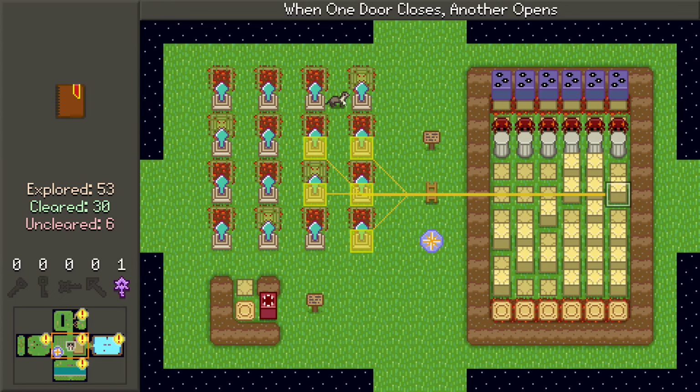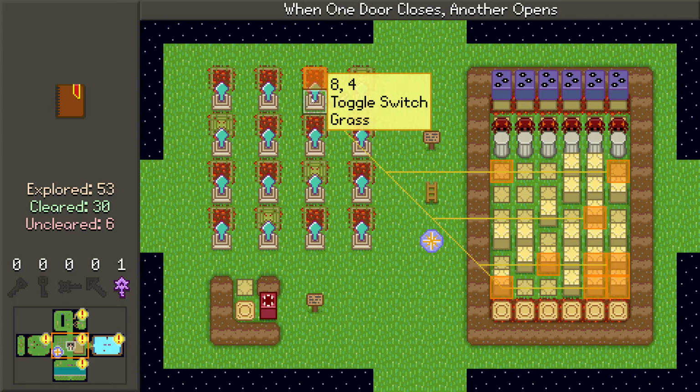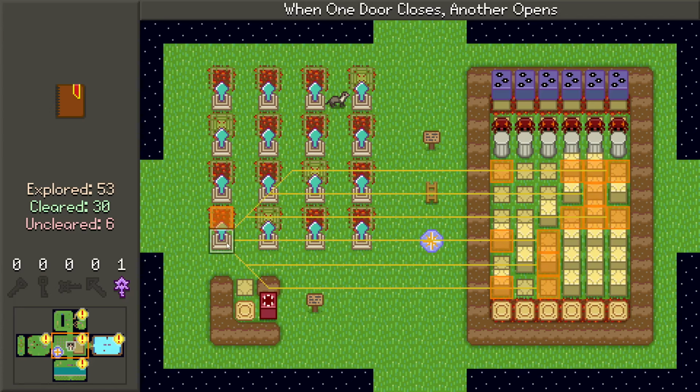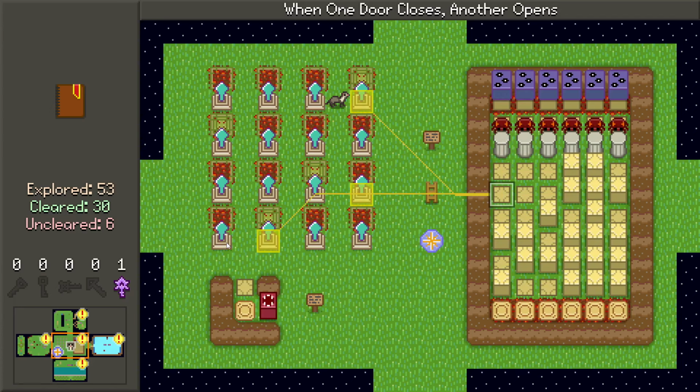Okay, this gets weird. 8-4 and 4-10. Yes. 4-10 is involved with 8-10. Okay, so this is another triple just like this triple.